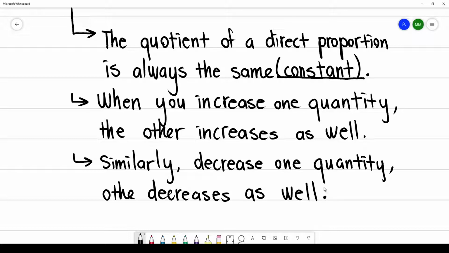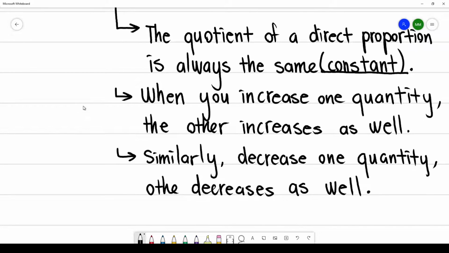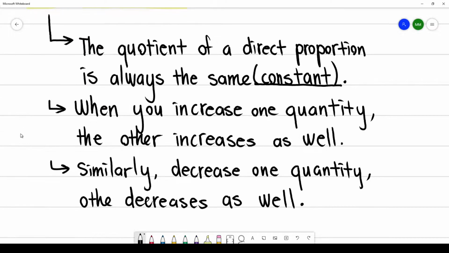Now this might seem pretty straightforward, pretty simple, but the reason why I want to especially note this is because when we look at another type of proportion, called inverse proportion, we'll probably talk about that another day, it is not the same. For inverse proportion, when you increase one quantity, the other actually decreases. So there's a difference there.